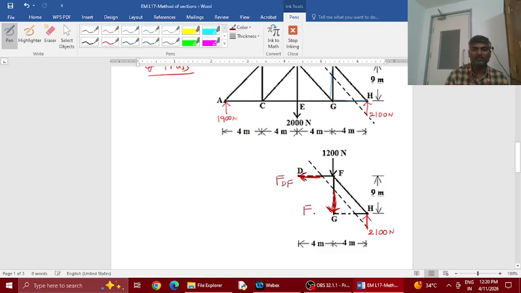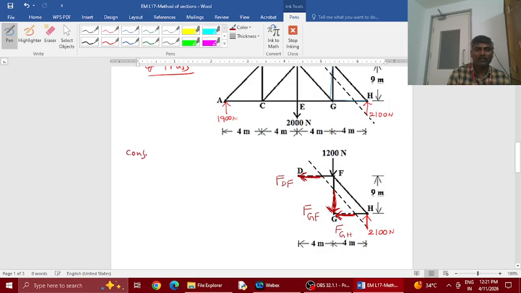It is FGF. Now there is another member here which is cut, GH. Represent the force in this member as FGH. These are the member forces or the reactions from the other part of the truss onto this part. That is how you should understand this. Now the job is to find the unknown forces by using the equilibrium of this right part.